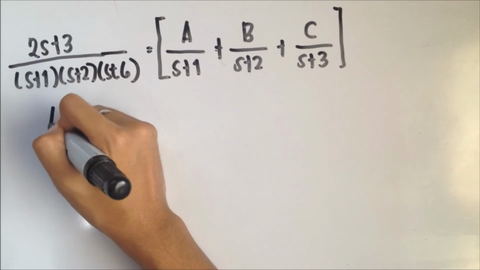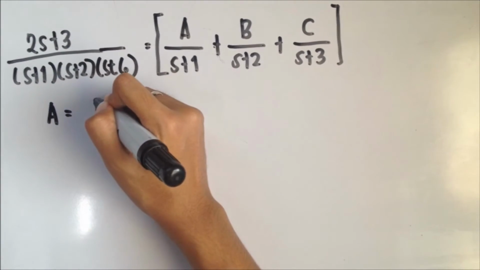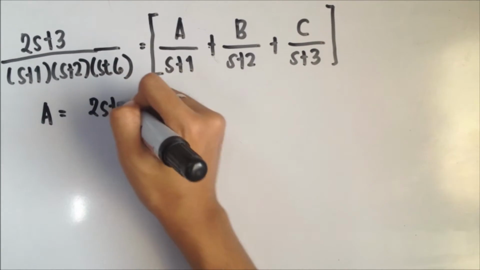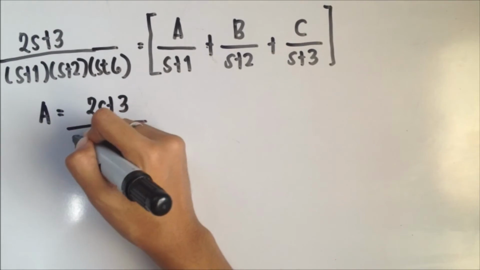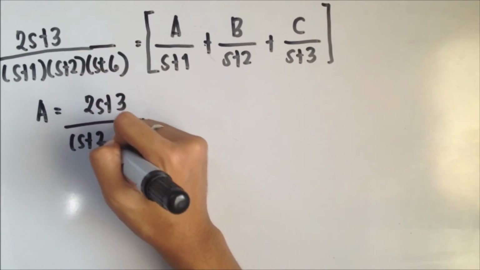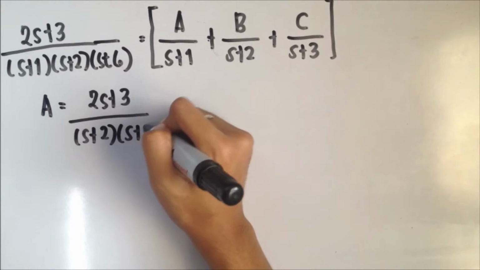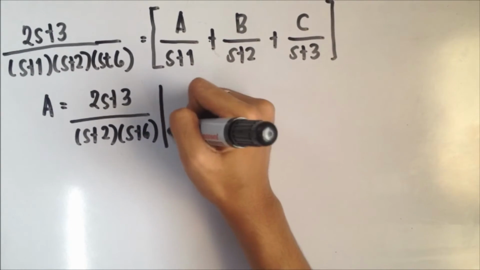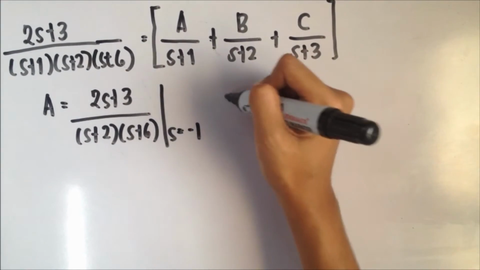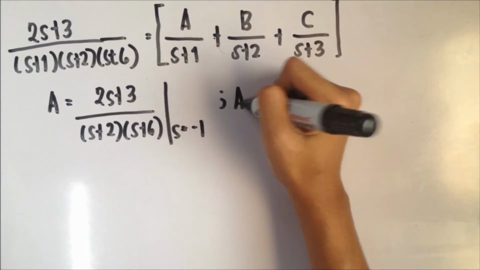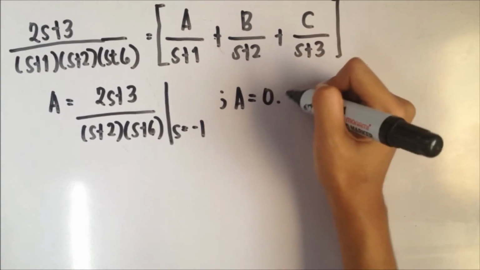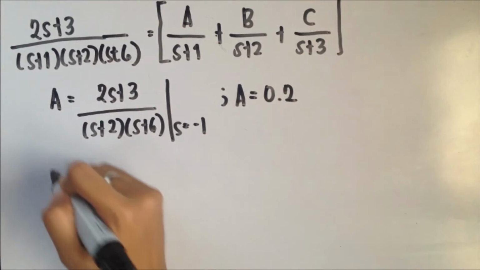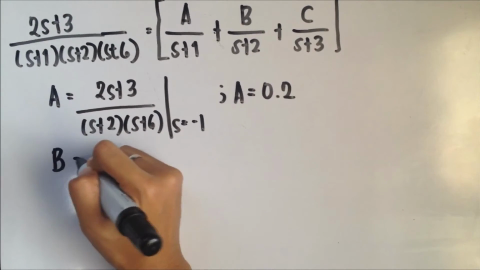So we're going to have to find a, b, and c. For a, we have 2s plus 3 all over s plus 2 times s plus 6, where s is equal to negative 1. If we solve this, a will be equal to 0.2.